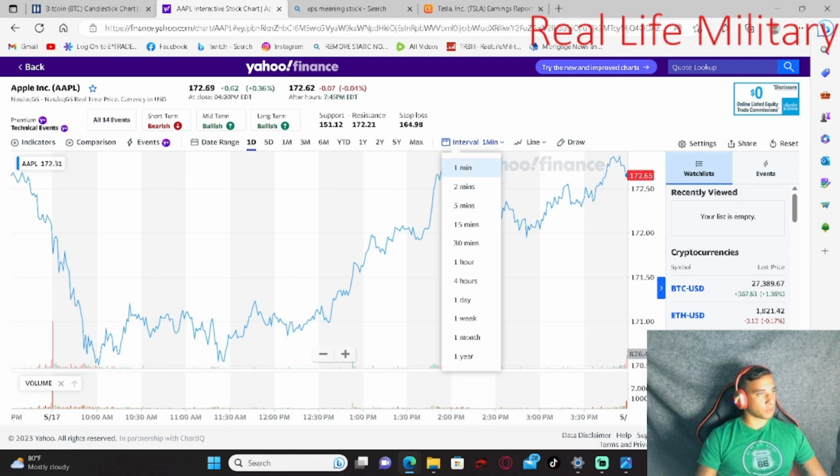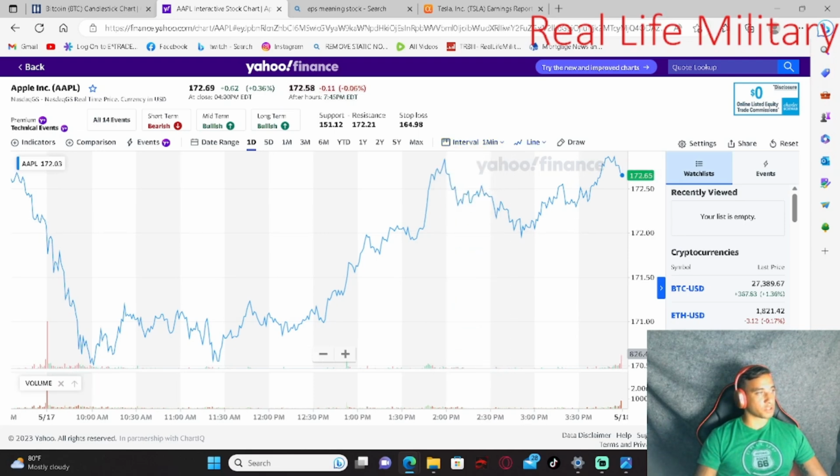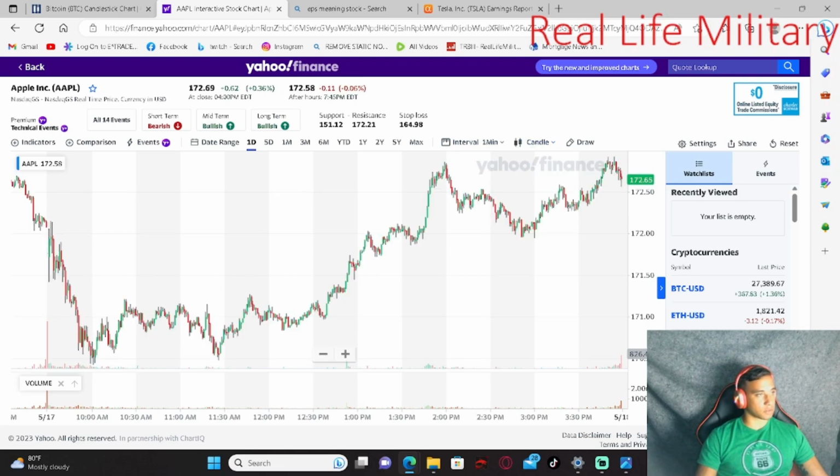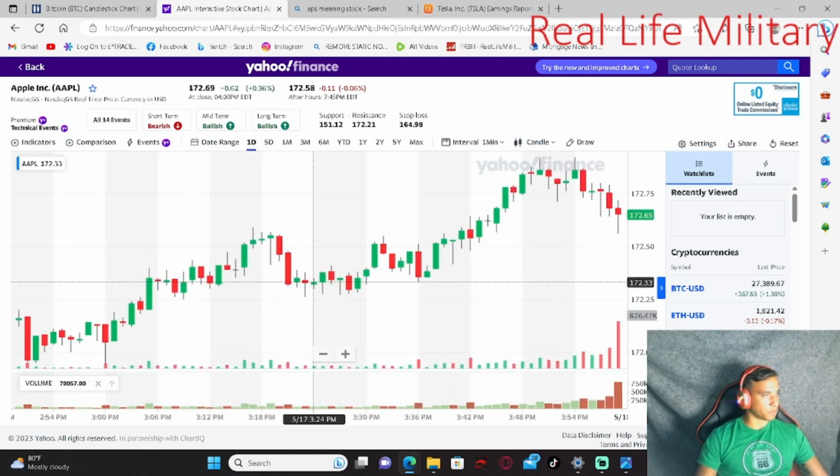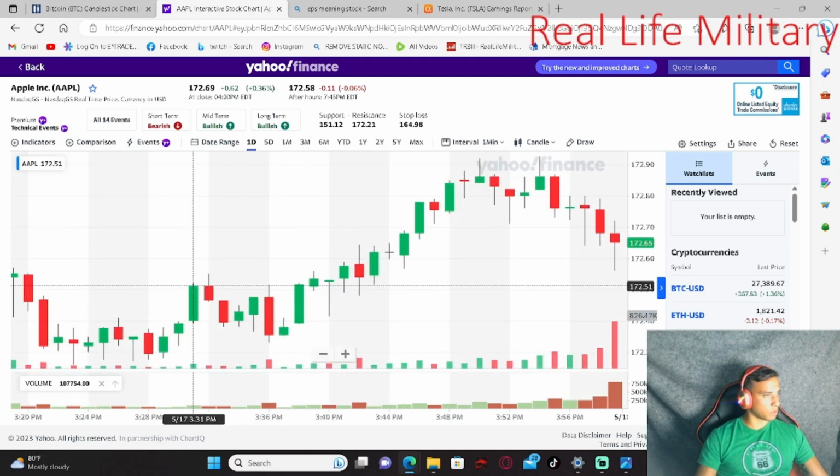This is where you can change the interval, 1 minute to a year, what I was talking about before. To change this to the candlestick, you go line and just candle. And here we go. I will try to expand on what I was talking about before. So, right, we'll start here.